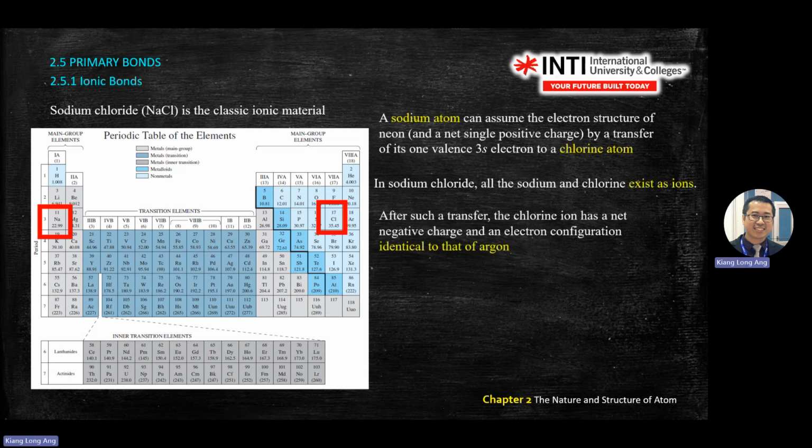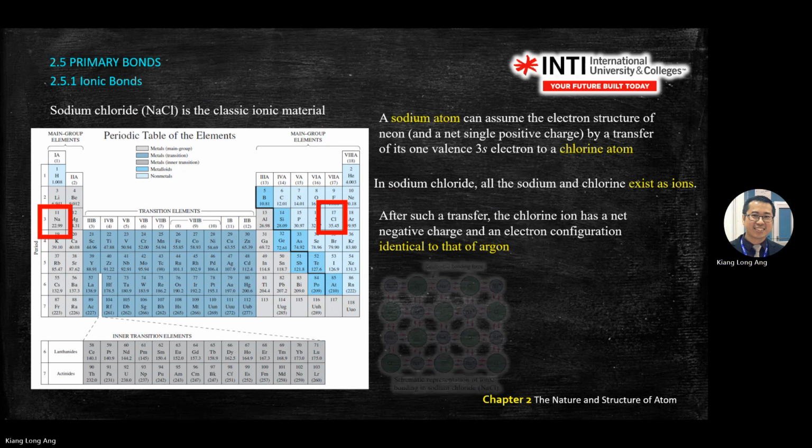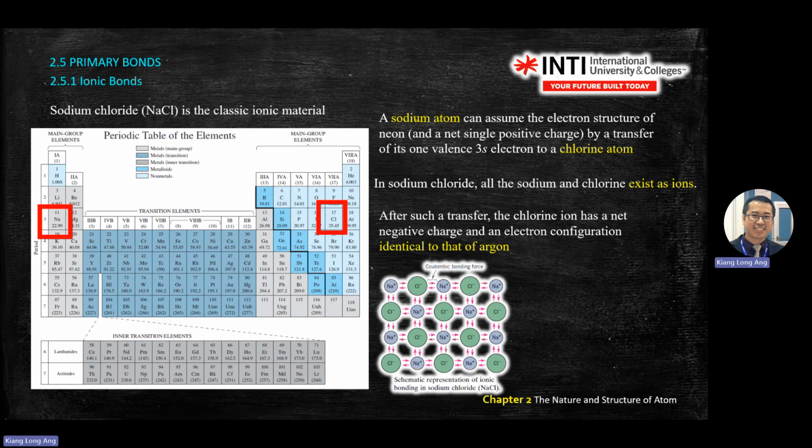The rest you read. I actually already explained it on the whiteboard. Anything you need me to do? This is just an illustration. So Na is a small atom. Cl is a bigger atom.